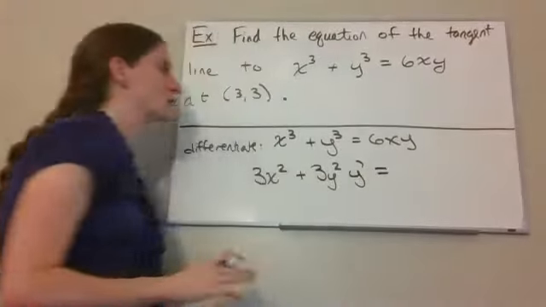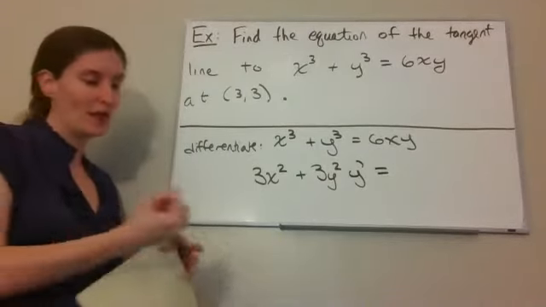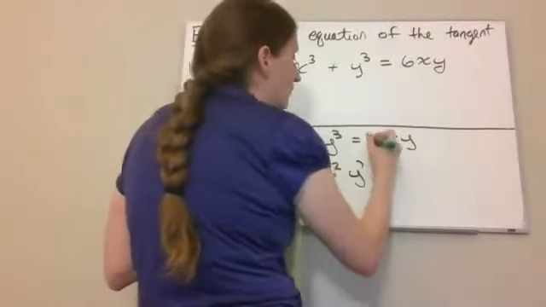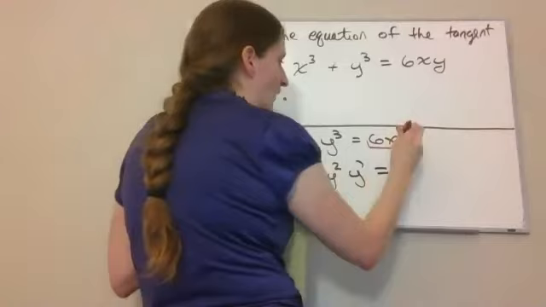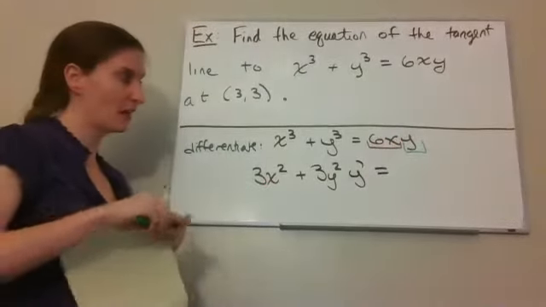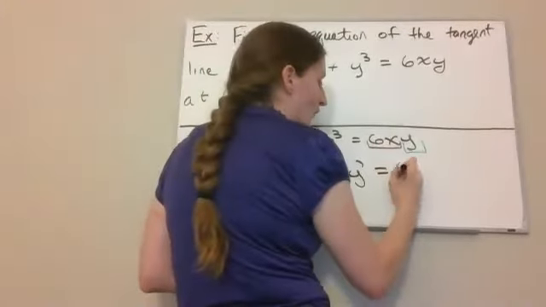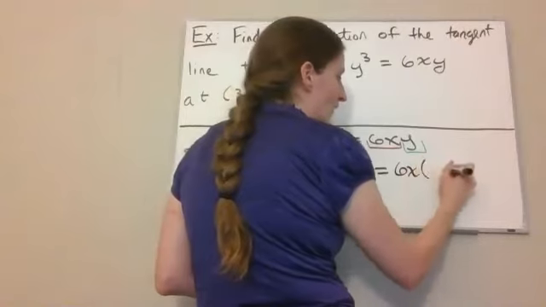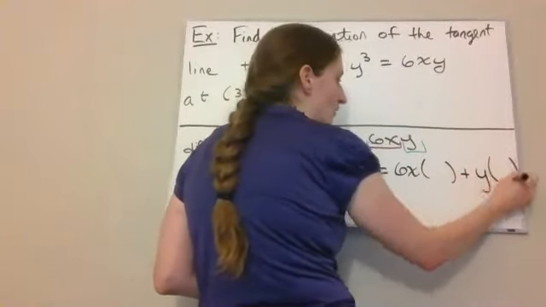And then this derivative of the right side is a little bit trickier, and the reason for that is we have a product rule. I have a 6x times a y. So I have to do a product rule on that right side. The product rule says that it's going to be the first guy times the derivative of the second guy, plus the second guy times the derivative of the first.